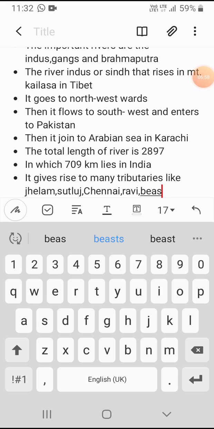These are the tributaries of the Indus River. They may ask this for 1 mark: what are the tributaries of the Indus River?